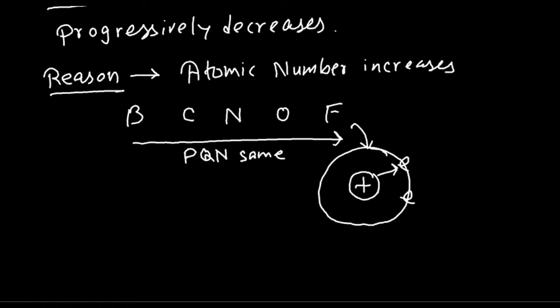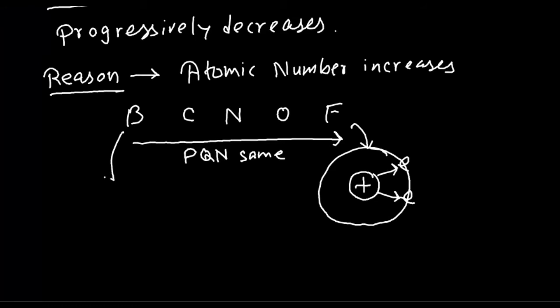Why? Because it has the highest number of protons among boron, carbon, nitrogen, oxygen, and fluorine. The outermost electrons are pulled by the inner protons, so their shell or size will decrease.